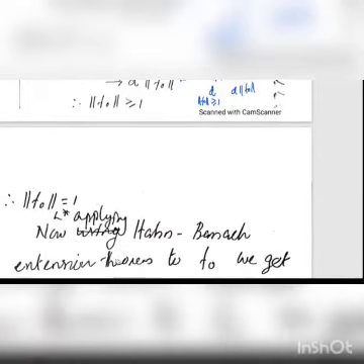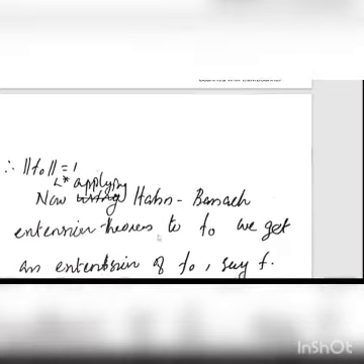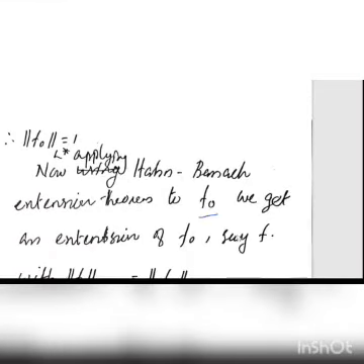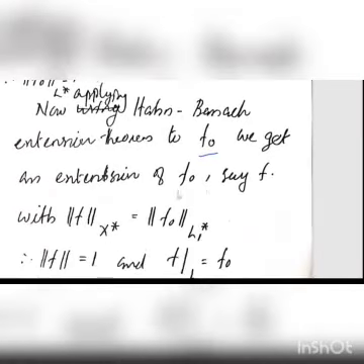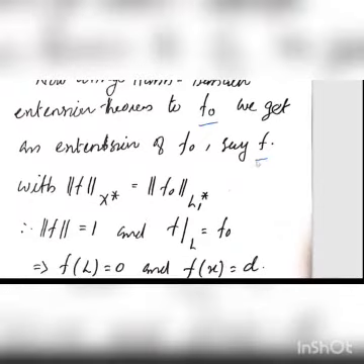Okay, now we can apply the Hahn-Banach extension theorem to f naught. Applying the theorem, there exists an extension f of f naught such that norm of f with respect to X star is equal to norm of f naught with respect to L1 star.